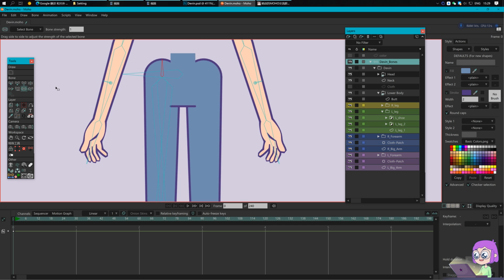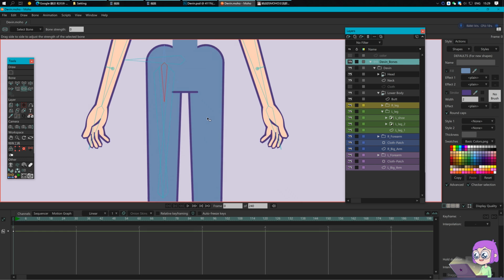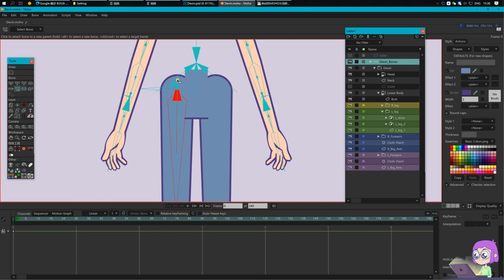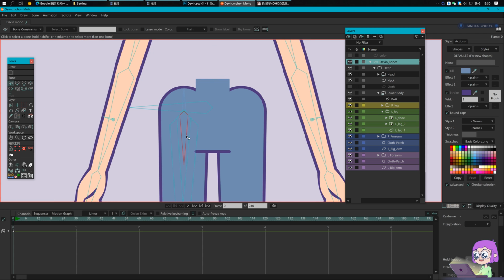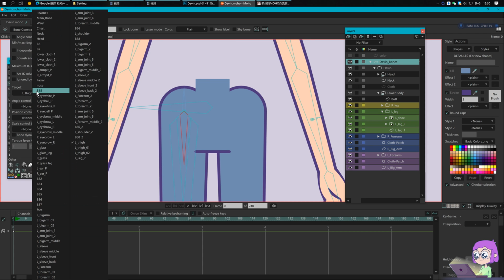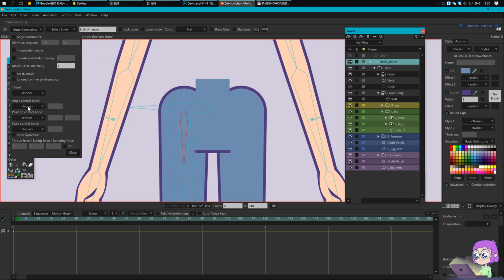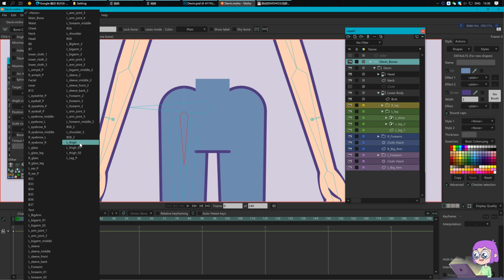Then I will set a bone outside the thigh. Then create a bone at the same angle as the thigh. It and the thigh bone are connected to the upper bone. Then set the angle control bone of this bone to the thigh bone.